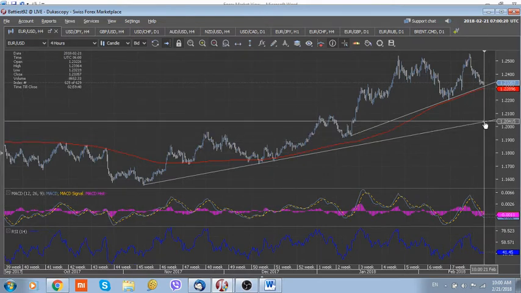So this level should represent an interesting level to reach if the correction in the euro dollar extends further. Of course, there is a lot of talk among the traders about the so-called double or triple top formation on the technical charts in the euro dollar.